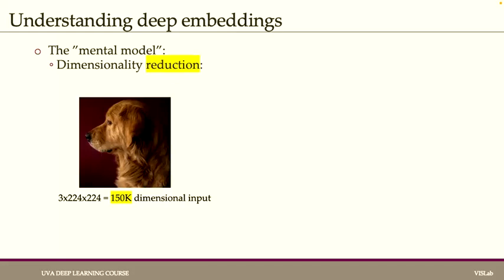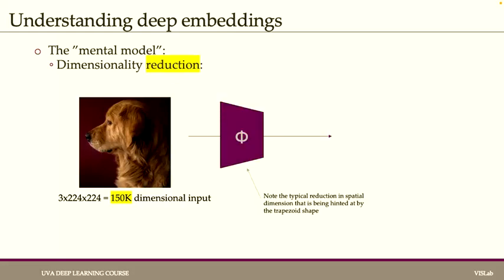So you can take this image, wrap it around, simply write it as a vector which has 150,000 entries, which is a lot. What now the neural network does, and note here we typically denote a neural network with this sort of trapezoid shape because as we talked about last time, you have these max pooling layers or pooling layers in general. So the spatial dimension of the features typically gets reduced in the network.